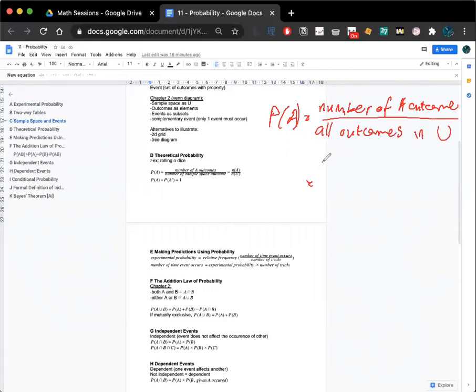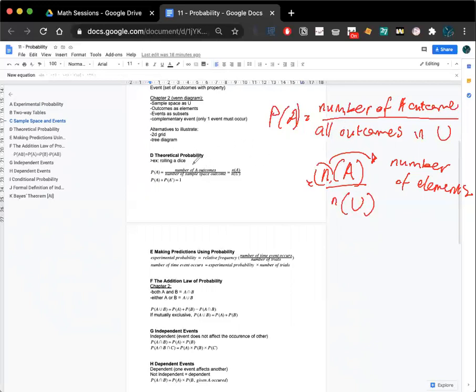If you want to write it in terms of notation, that would be n(A) over n(U). Remember that the notation n refers to the number of elements in their sets.